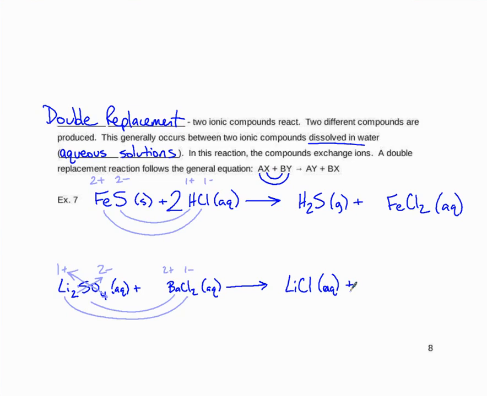And the other one is barium with this sulfate, and they both have charges of plus 2 and minus 2, and those will cancel. BaSO4. And we'll talk about this in a later video. This one ends up being a solid, and I'll explain why later.